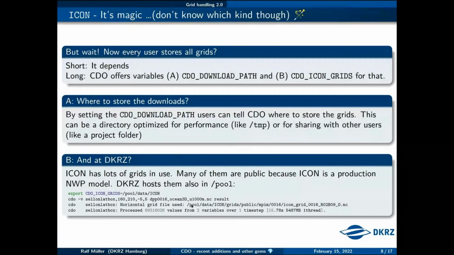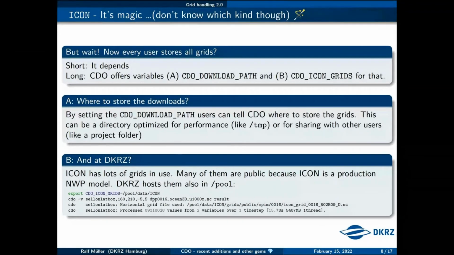And CDO has an environment variable called CDO icon grids that you can let point to this icon folder, and then it will try to identify the grid by the UUID or the number of the grids and check for the coordinates there. So you do not have to download anything. It will be handled.